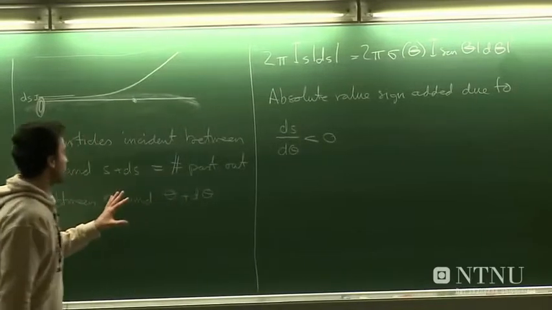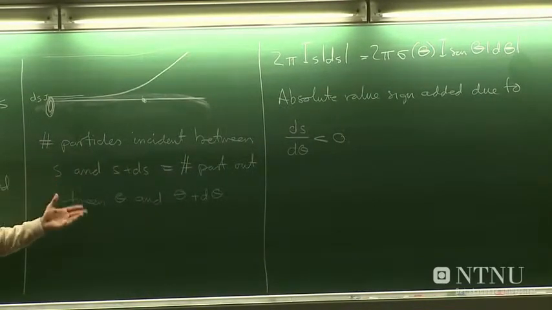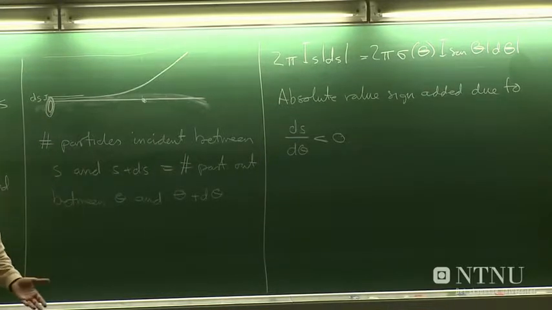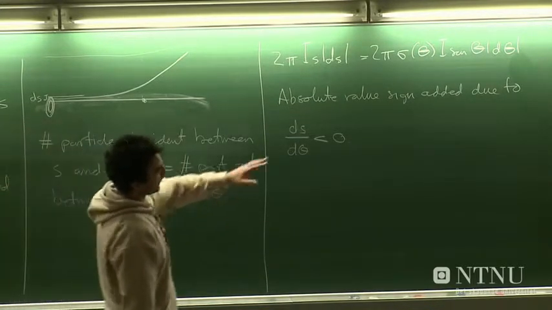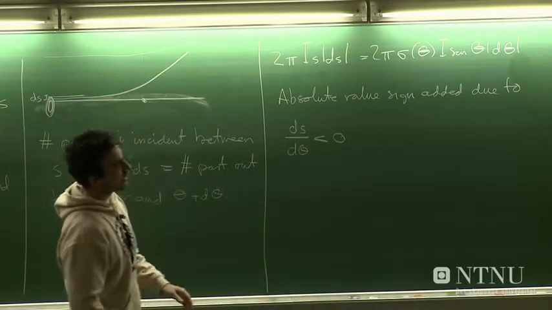And what we're after here is the number of particles incoming in a certain interval and outgoing in another interval. So it has to be a positive quantity. You can think of this as the magnitude just of the increments in S and theta.